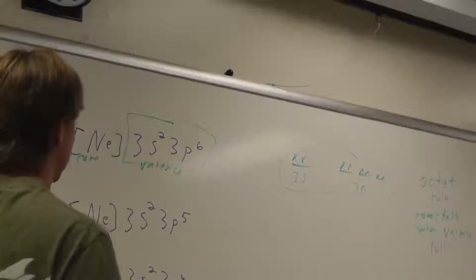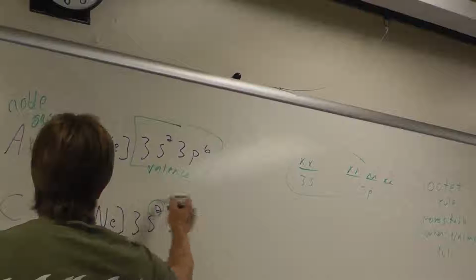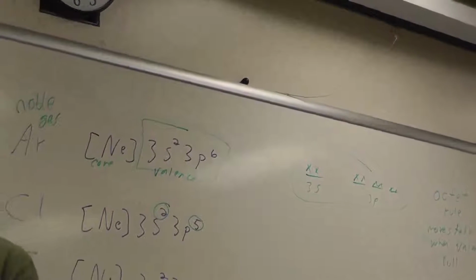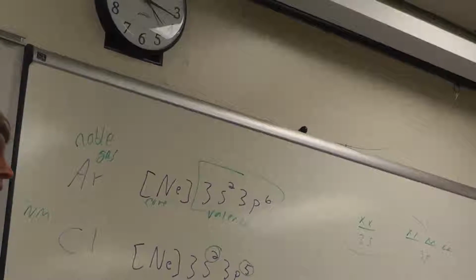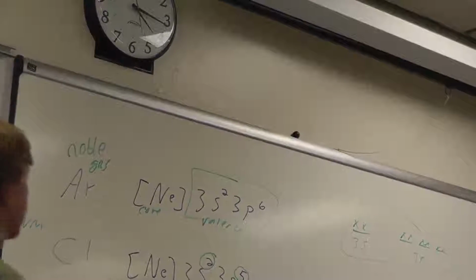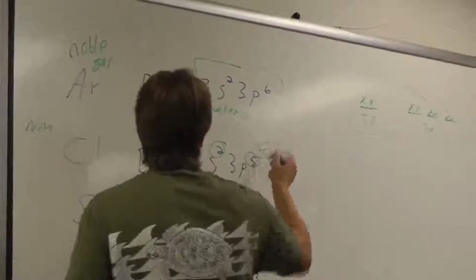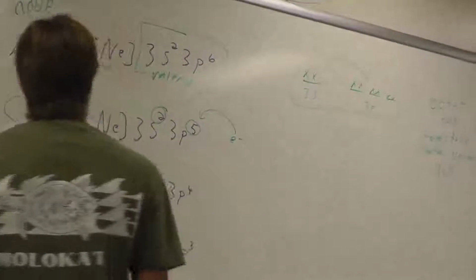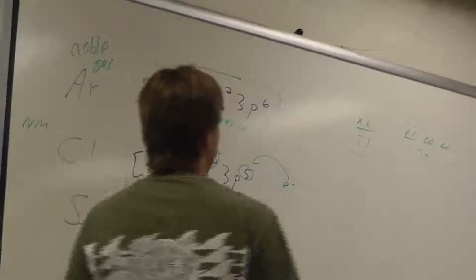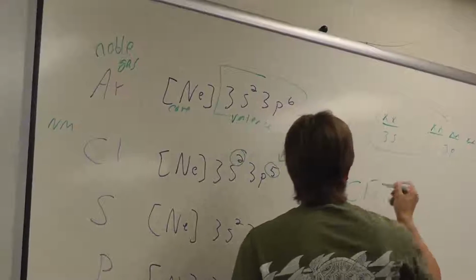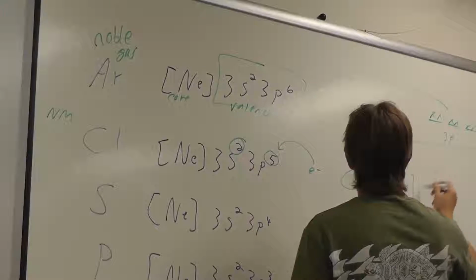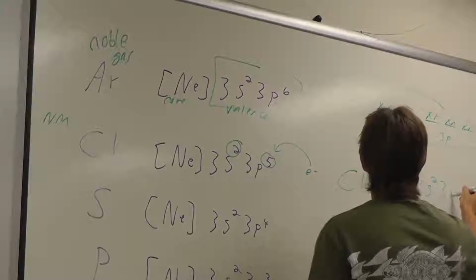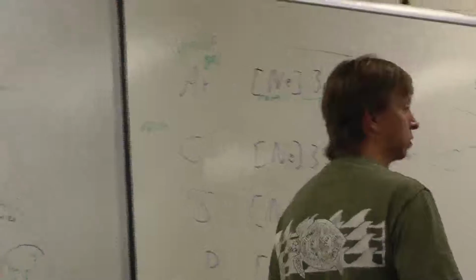But now look at chlorine. Does it have a full valence? No. Chlorine is a nonmetal, and as far as reactions go, nonmetals gain electrons. So specifically, how many electrons does it need to gain to have that full valence? 1. And so, whereas chlorine has 7 valence electrons, the chloride ion, after it gains 1, would be this.